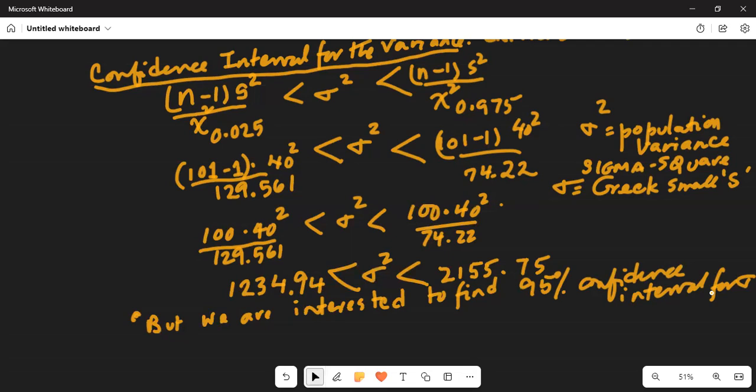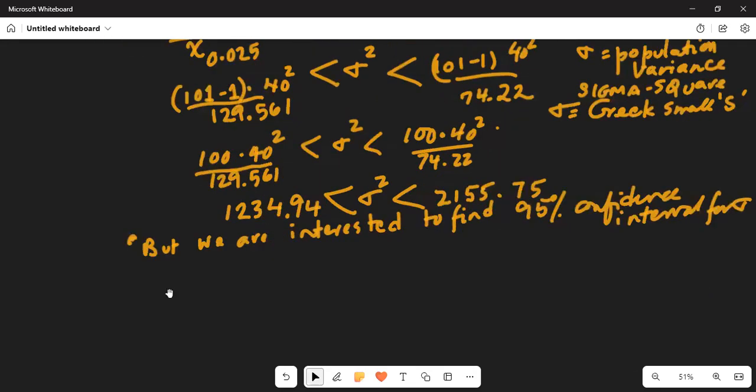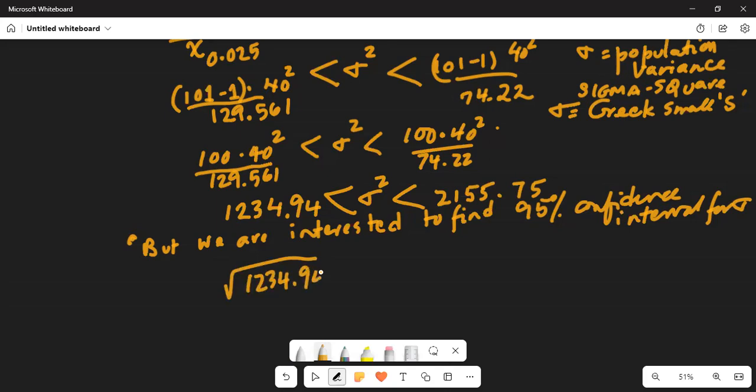Well, we'll have to just take the square root. So this will be the square root of 1234.94 less than the square root of sigma square less than the square root of 2155.75.